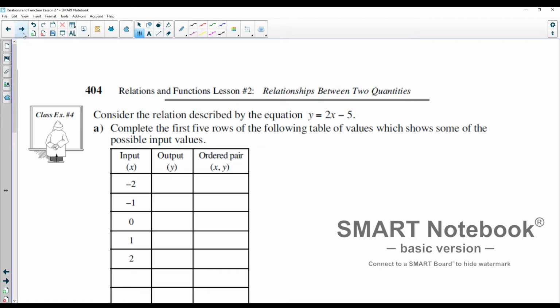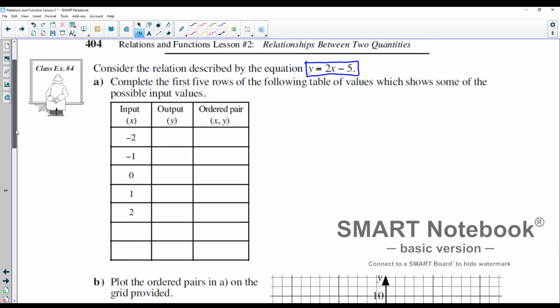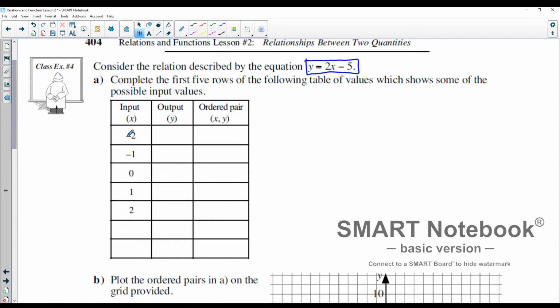Okay, let's look at this in terms of some more complex graphs. Okay, so we have a linear relation, which is given by the equation y is equal to 2x minus 5. And what part A wants me to do is fill in the first 5 rows of this table. The way we're going to do that is we're going to take these input values and plug them into the equation and then determine what the output or the y value is going to be.